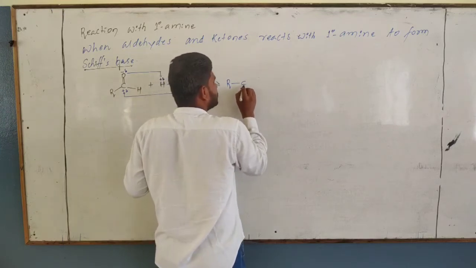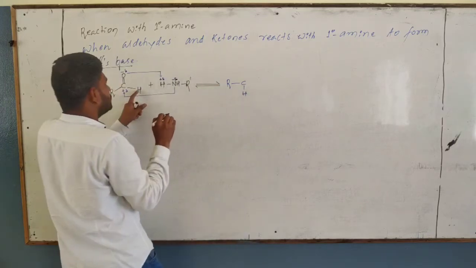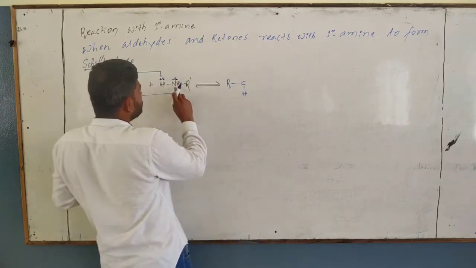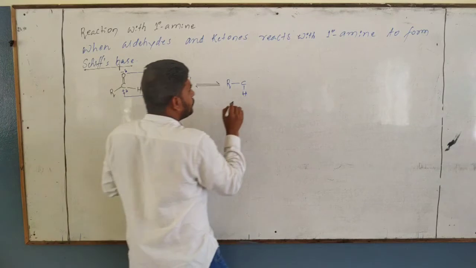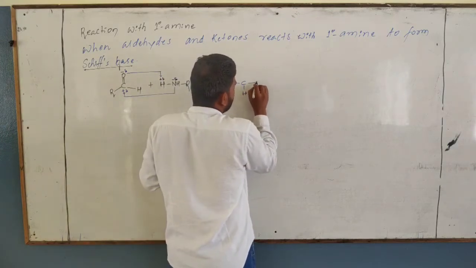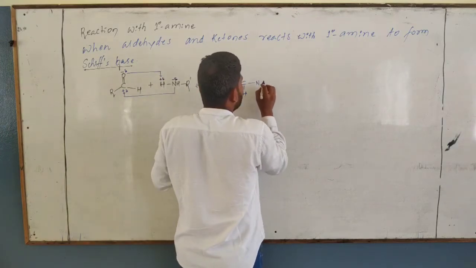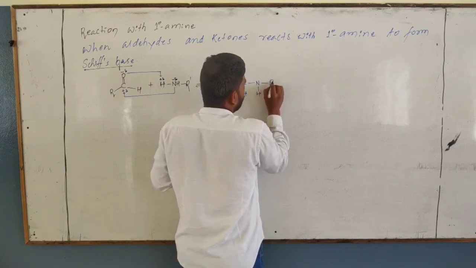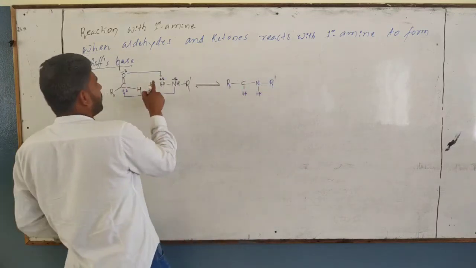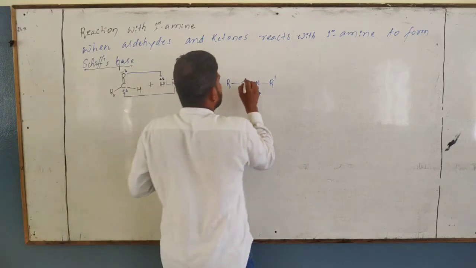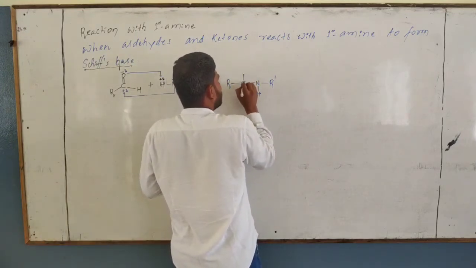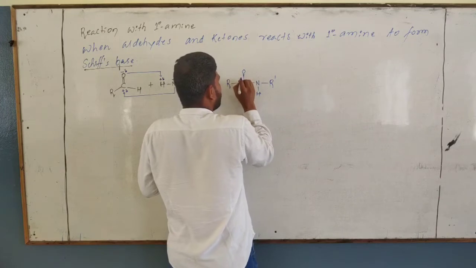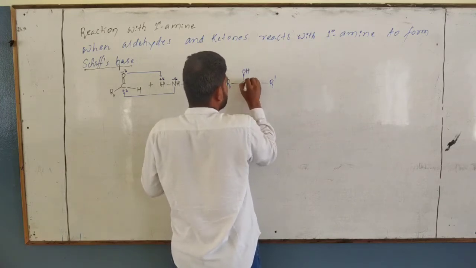Now RCHO, here hydrogen is there. This nitrogen attacks the carbonyl group. You write down RCH(OH)NHR prime. Over here H is added to the oxygen. It's nothing but addition of primary amine. It becomes OH.